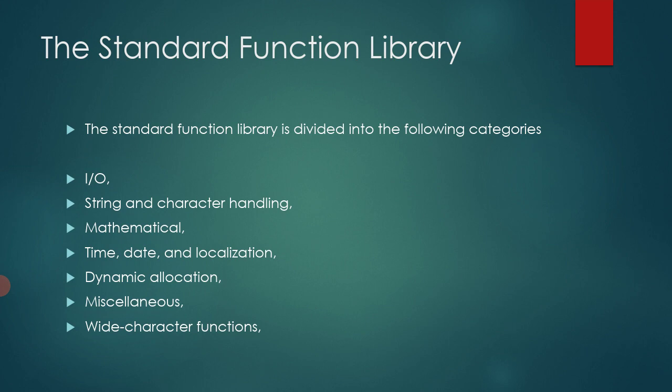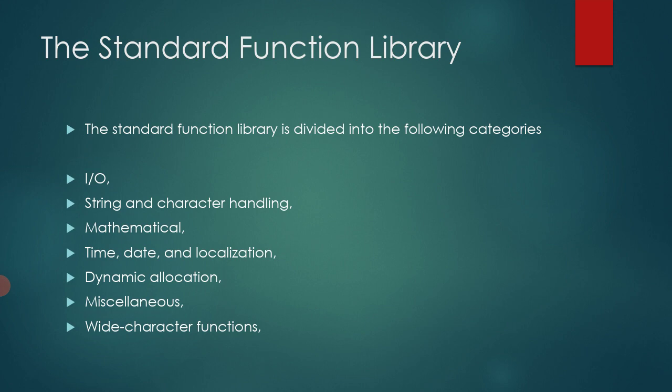Next is dynamic allocation. Dynamic allocation involves functions like malloc, calloc. So these functions are used to allocate memory to the variables. Whenever we require these functions, we can simply use them from the standard function library. Next is miscellaneous functions.